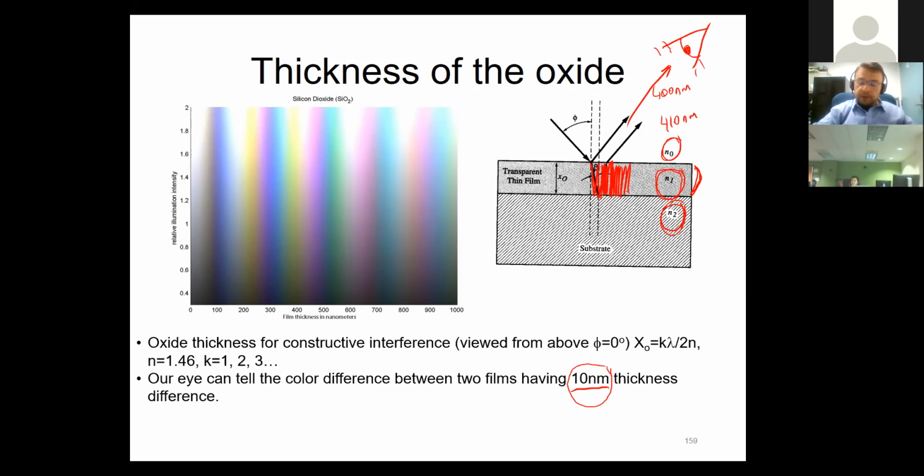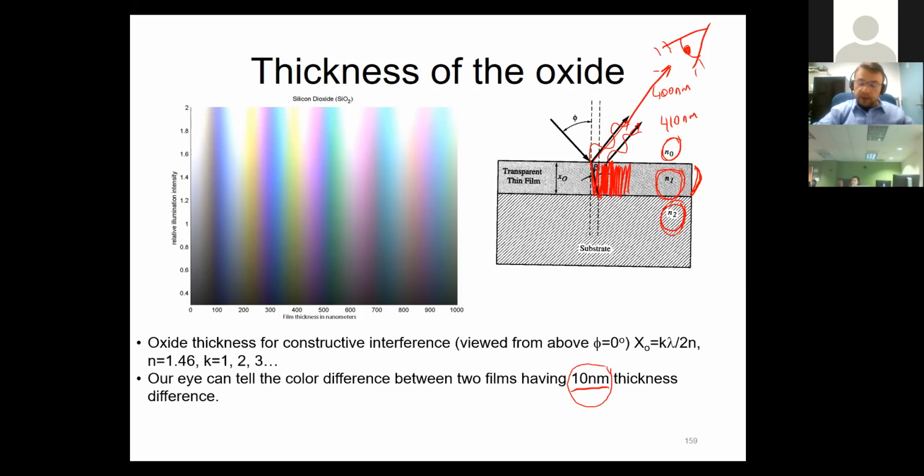One of these colors will be outweighing the contribution of the other colors that we are observing, because that particular color, when it's reflected, the reflections become constructively interfering with each other rather than destructively interfering.